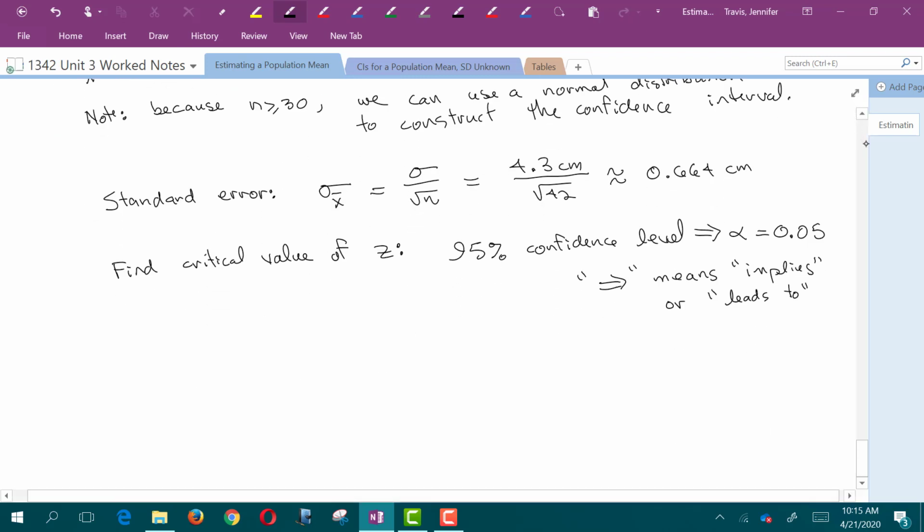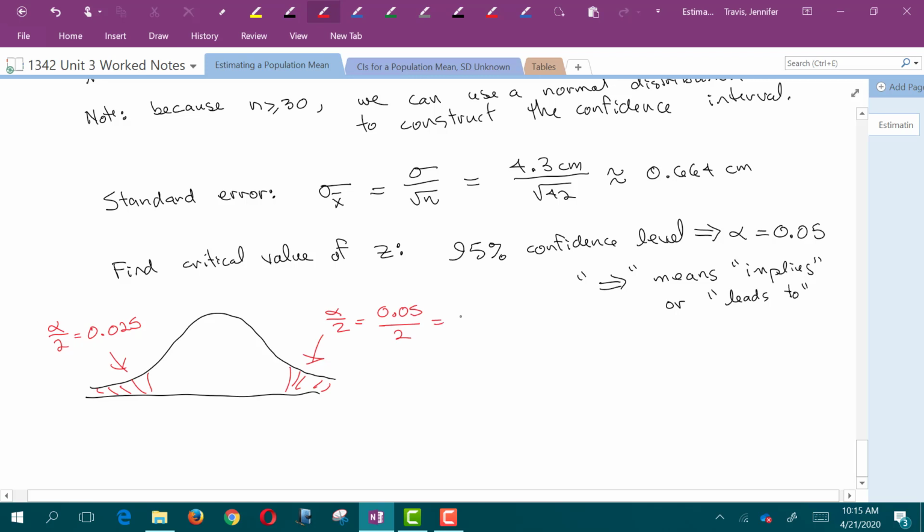Okay, so we've got our confidence level. Let's draw a quick little sketch. Basically, I'm just making a note of how much area is in each end. What's going to be in each end? Alpha over 2. So what's half of 0.05? 0.025. If you're saying we just did this, well, you're right.